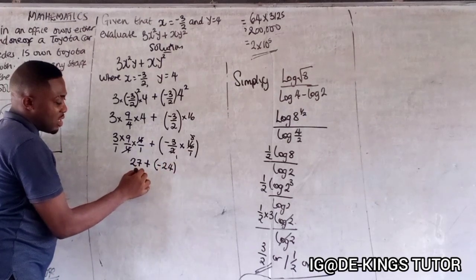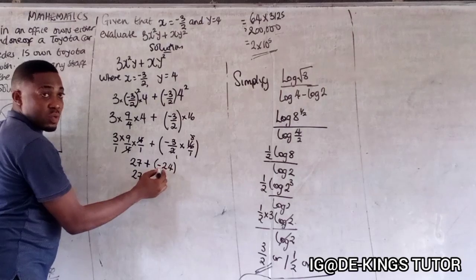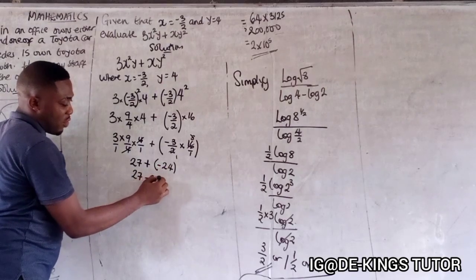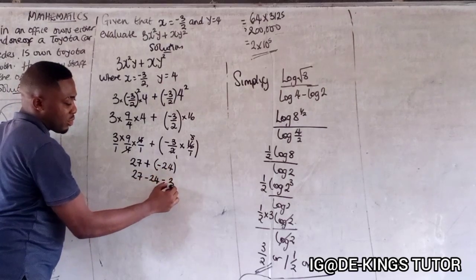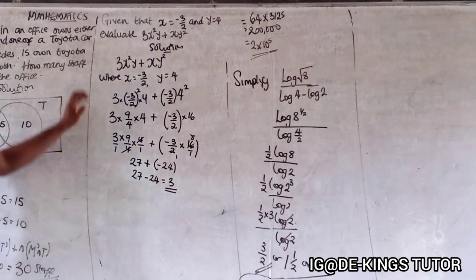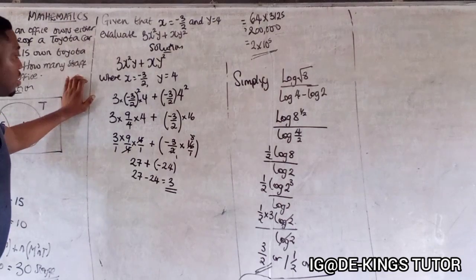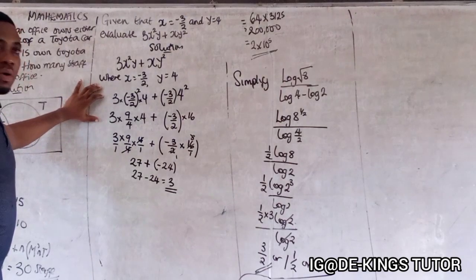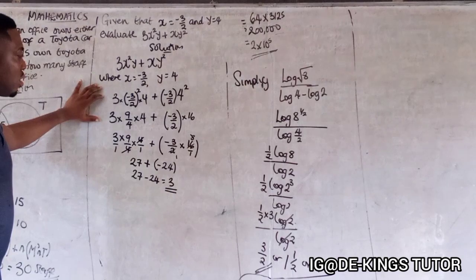So we have 27 plus minus 24 equals. This one separately gives me 108 over 4, and this one gives me minus 48 over 2.